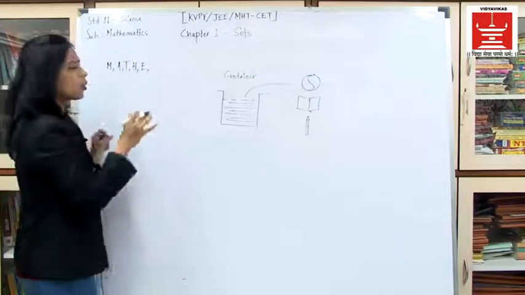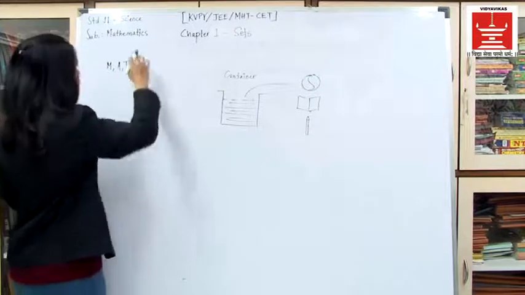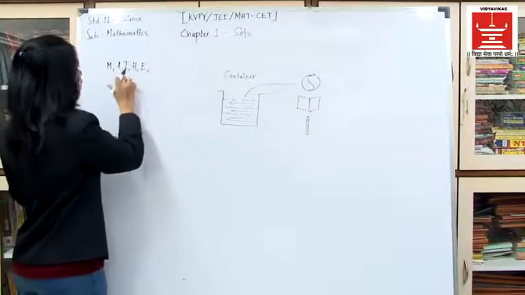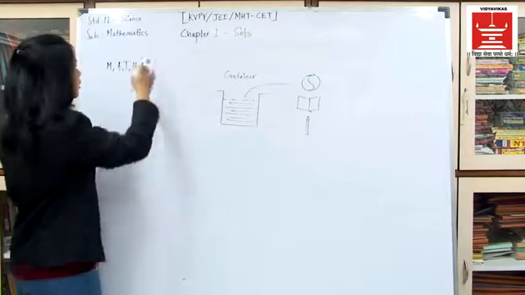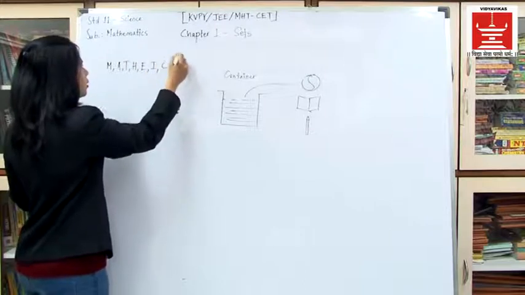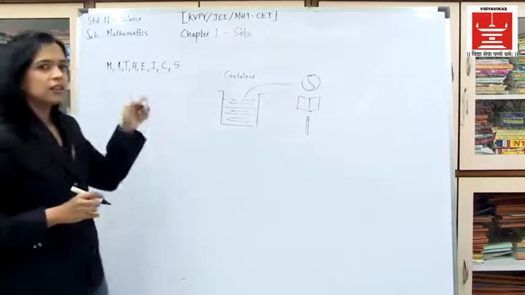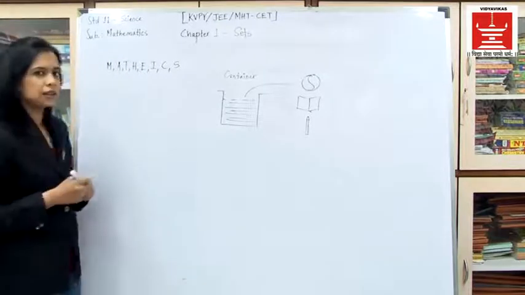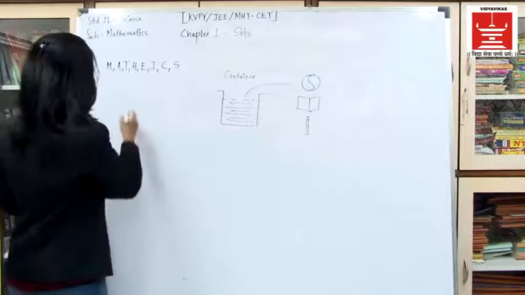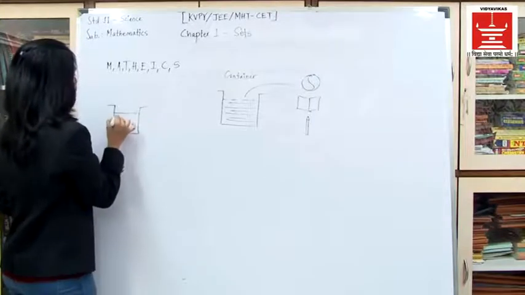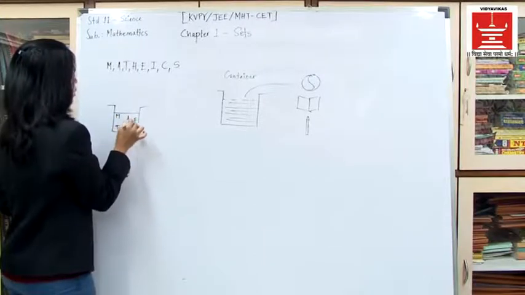So I am not going to write M one more time. Same with A. A has already been listed. Then there is T, which already has been listed. Then there comes I, there comes C, and there comes S. So we say that these are the letters of the word mathematics, right? Suppose you put these letters in this box. Okay, this is a box and there is M, there is A, there is T, H, E.